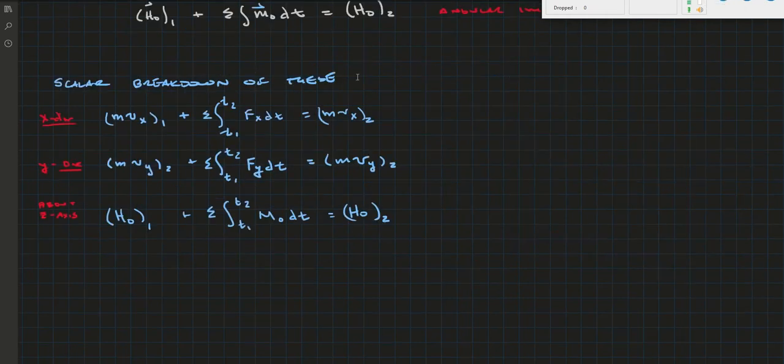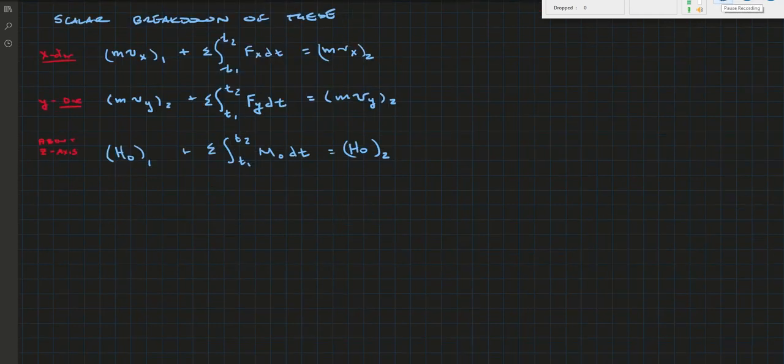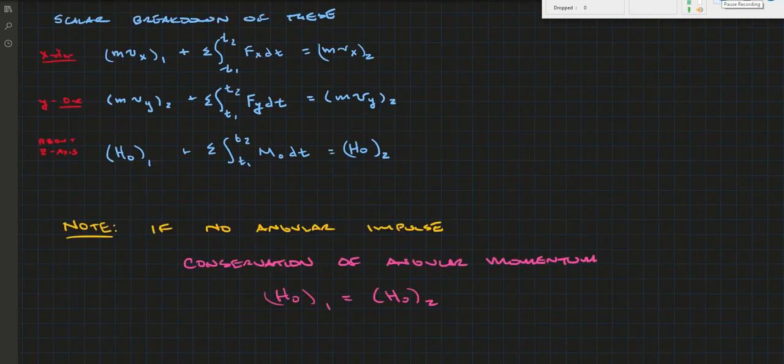So for a scalar breakdown of these, we have three relationships: one in the x, one in the y, and the angular momentum about the z-axis. We have linear momentum along the x and the y-axis. Finally, note if there are no angular impulses, that cancels out, and we end up with the initial equals the final angular momentum.